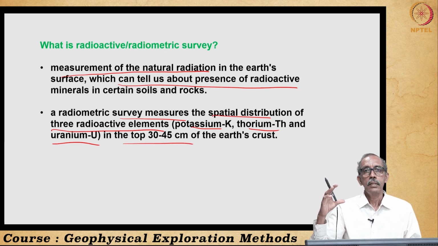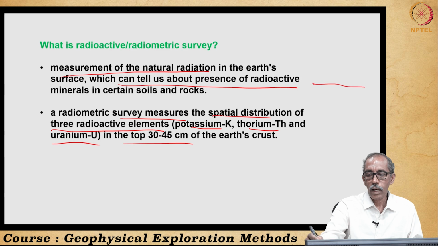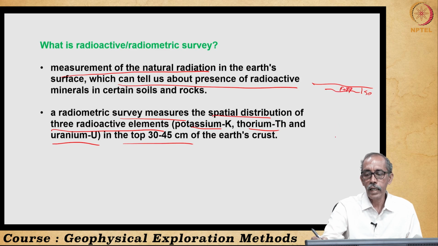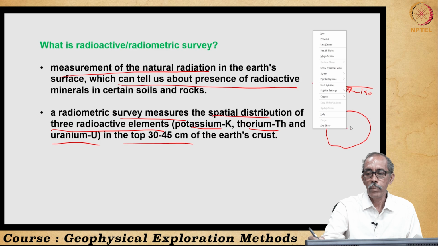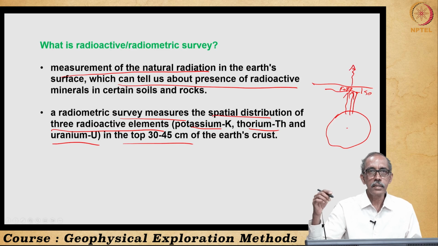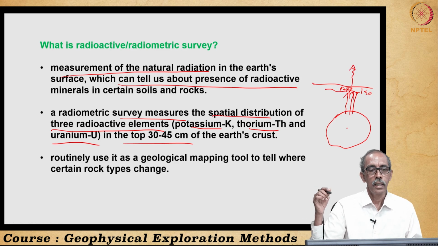But when radioactive elements are present in the top few centimeters, right, let us say the top 50 centimeters, this in fact indicates the presence of radioactive deposits much below that, right? Since there is a radioactive deposit below the surface of the earth at greater depth, the leaching and mobility of this is causing natural radiation at the surface of the earth, right?